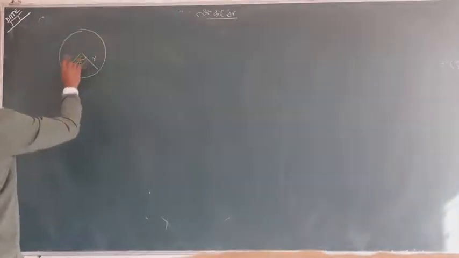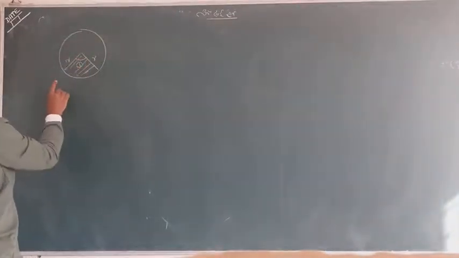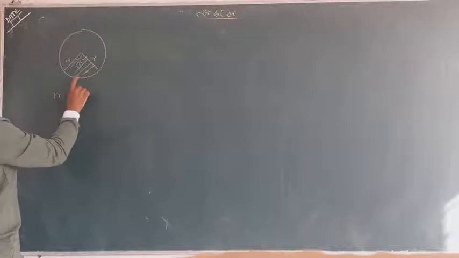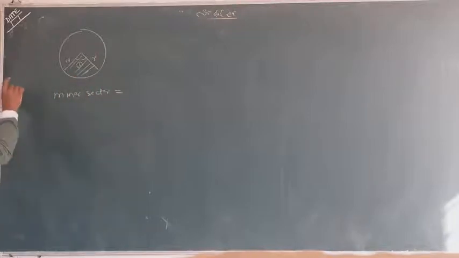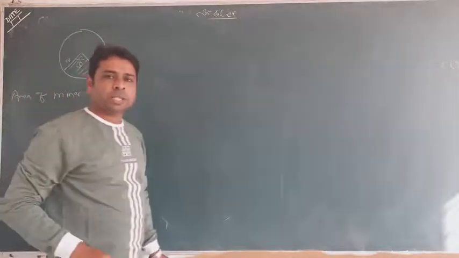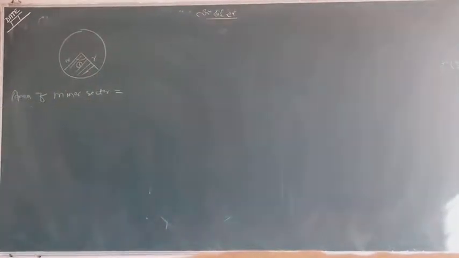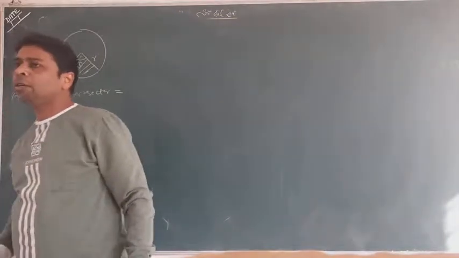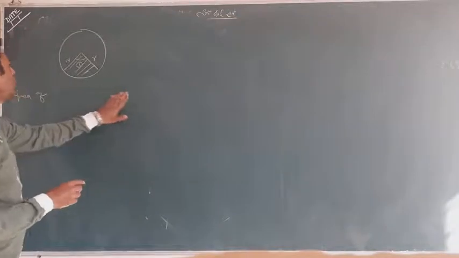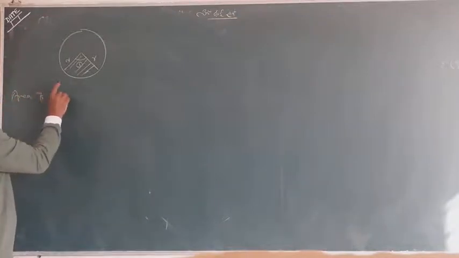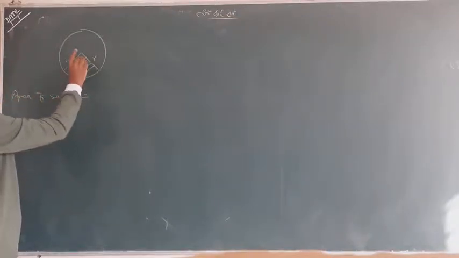So we have this section, the minor sector. First of all, I am telling you the area of the sector. You can say just sector, not minor sector, because theta is given.